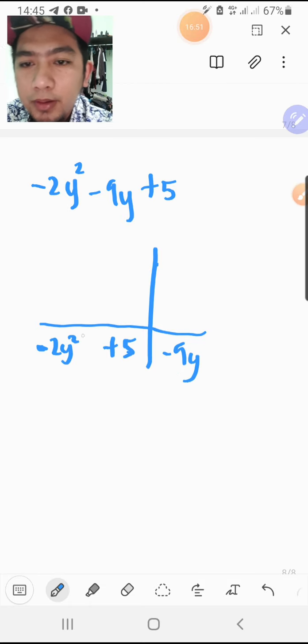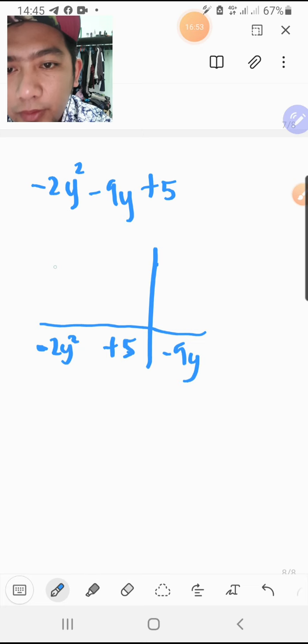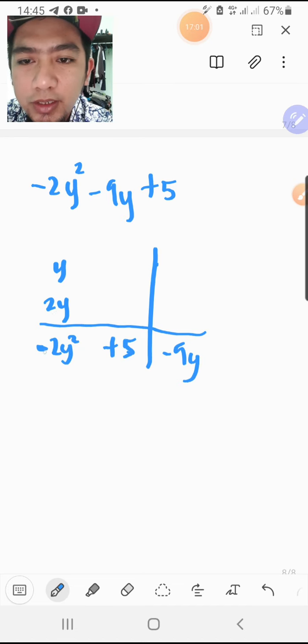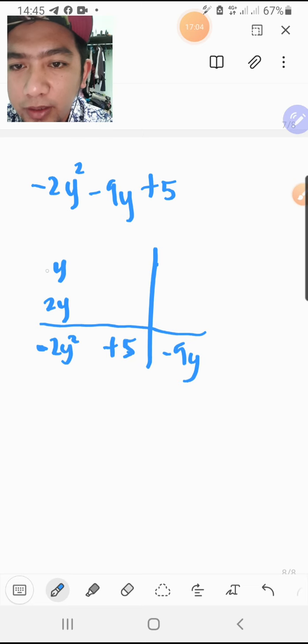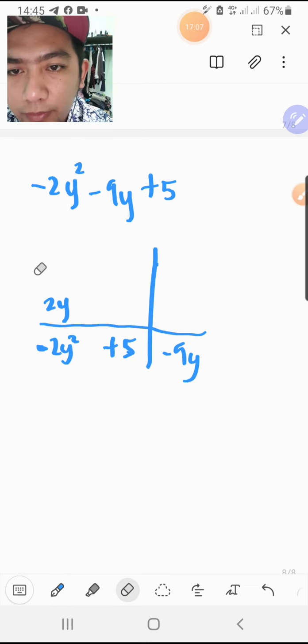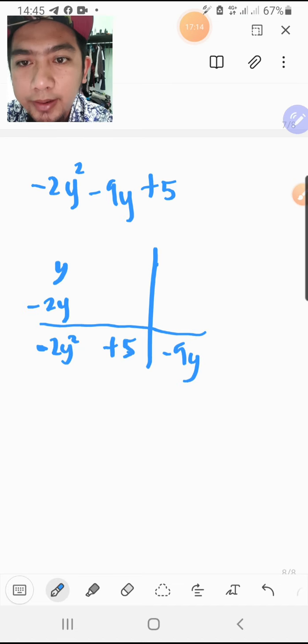So, di sini confirm lah y square times 2y. Actually, sini negatif kan? So, di sini kita kena alert. Which one yang kita mau letak negatif? Either negative y ataupun negative 2y. So you kena try and error.